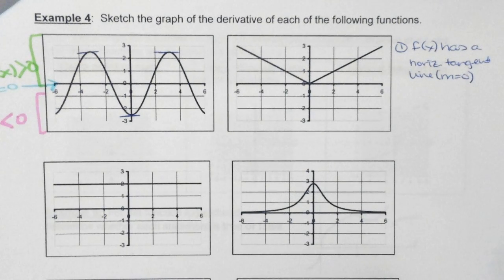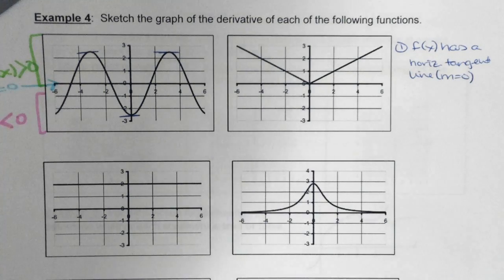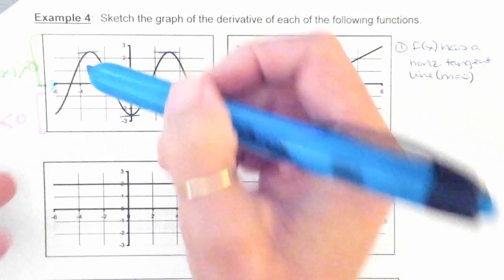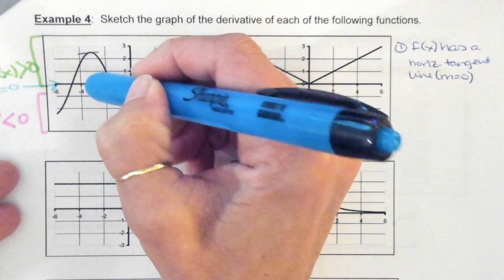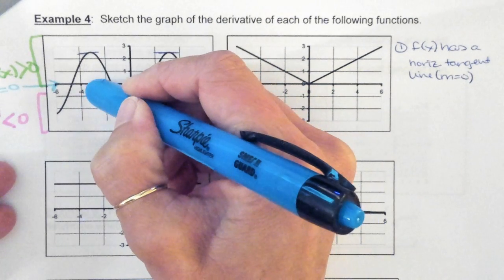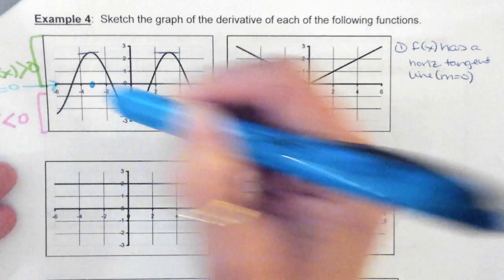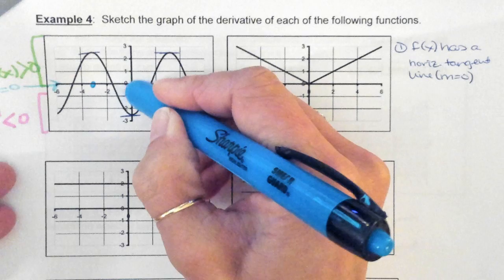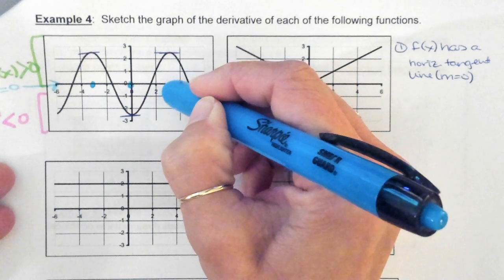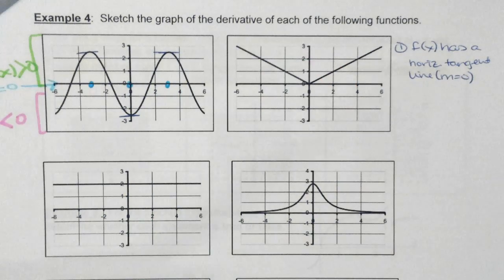Okay. What that means is f prime's graph will cross the x-axis at that point. So what I need to do is, whatever this point is, approximately negative 3, I'm going to put a dot here, a dot here, and a dot here. Okay?